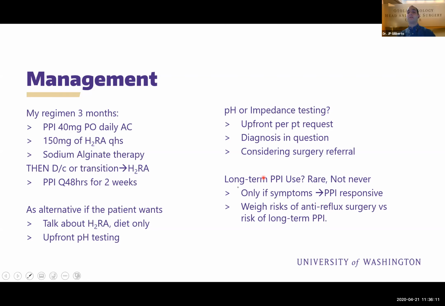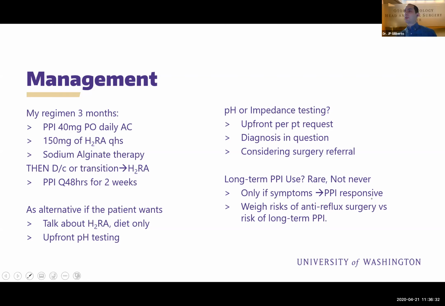And then will I use PPIs long-term? Rarely, but not never. We need to have a very specific indication. For instance, I have a couple of cough patients that have a positive pH test that respond to PPIs 40 milligrams a day. And if they come off of it, their cough comes back.